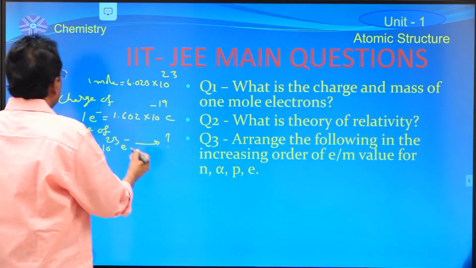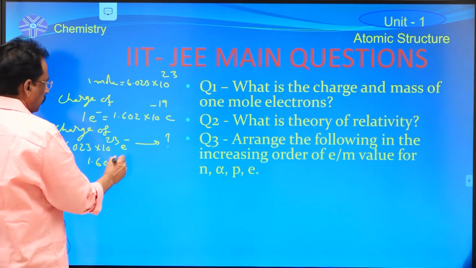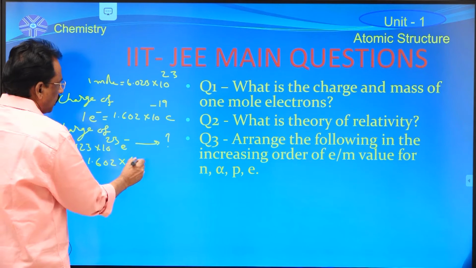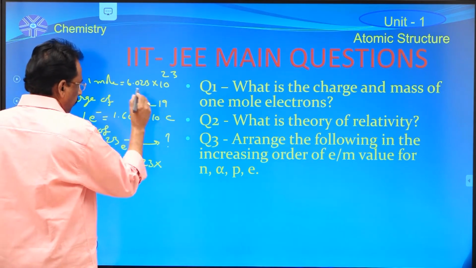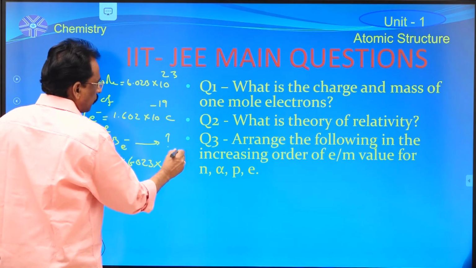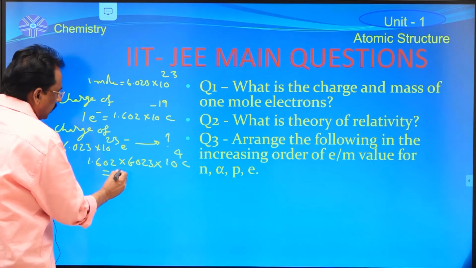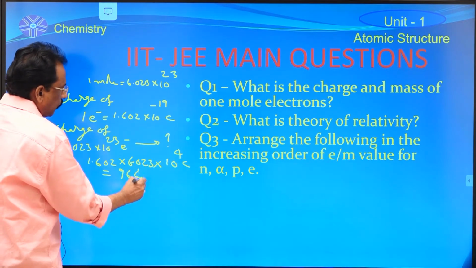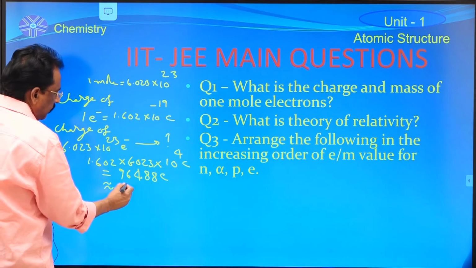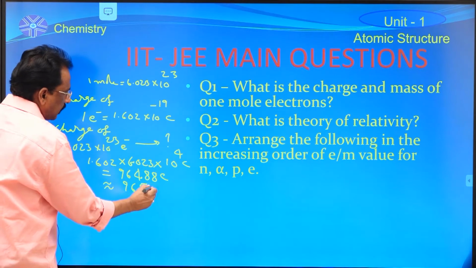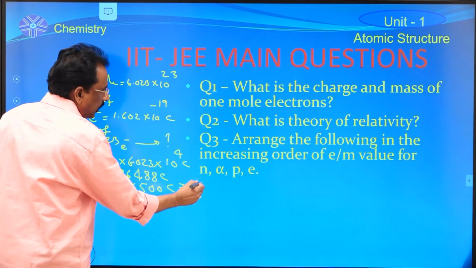Answer is cross multiplication. 1.602 into 6.023 into 10 power 23 and 10 power minus 19, that is equal to 10 power 4 coulombs. This is nothing but 96,488 coulombs. It is approximately equal to 96,500 coulombs. This is nothing but 1 Faraday.